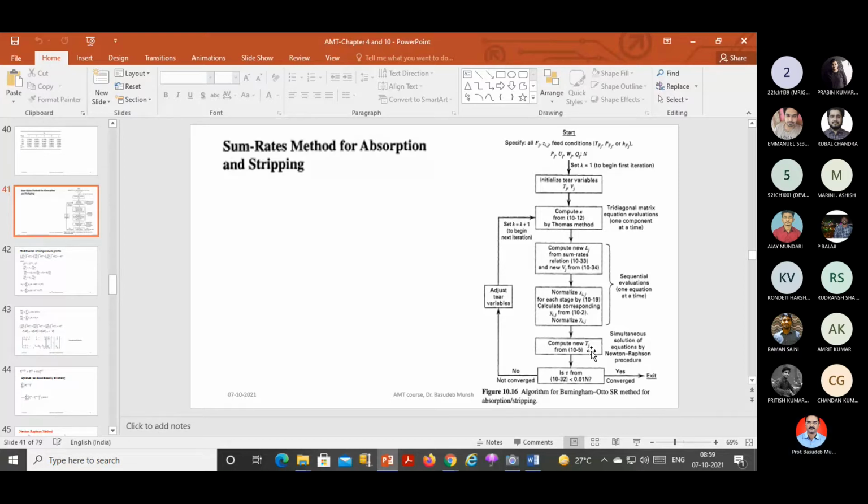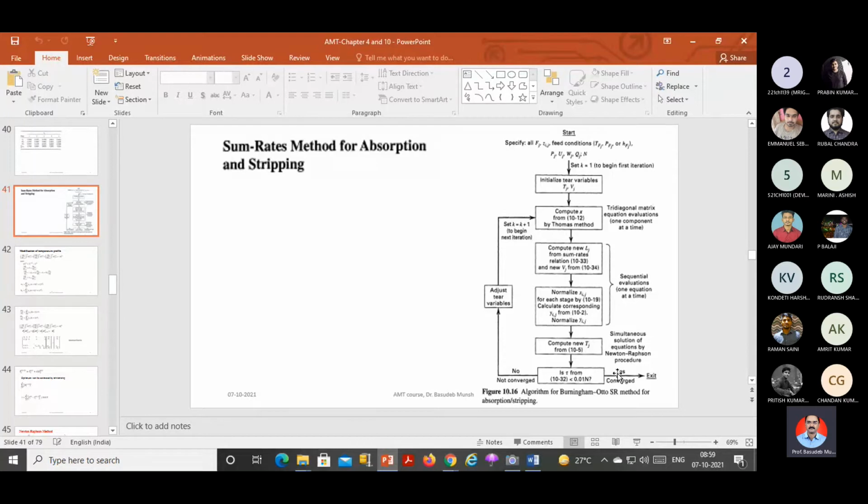Here, now already we have used the mass balance equation to calculate Vj, and for Lj we have used a separate equation. So the energy balance equation is left out. The energy balance equation is still untouched.